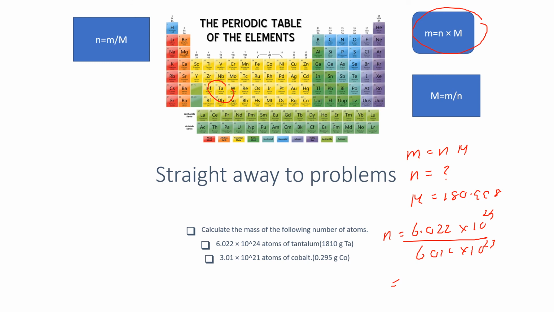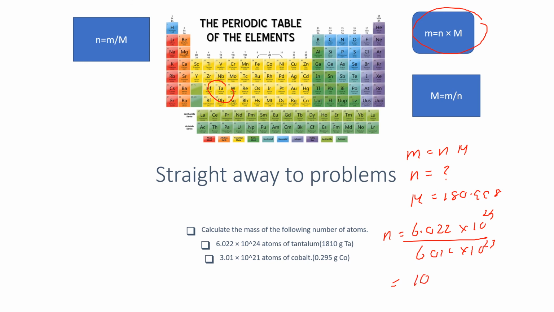So you understand, they have given number of atoms like previous way. How many Avogadros are means how many moles. If they give a number of atoms, when you divide by the Avogadro, it gives number of moles. So straight away into the calculator we get 6.022 times 10 to 24 divided by 6.022 10 to 23 is coming 10.